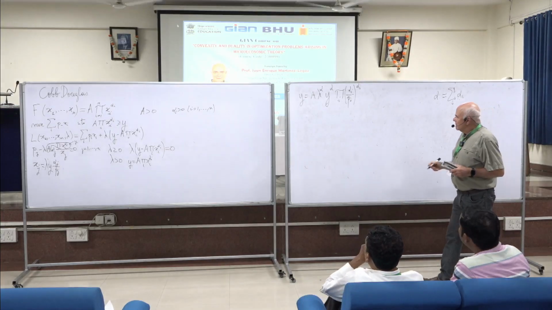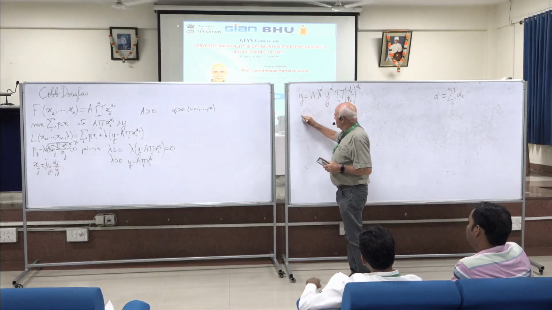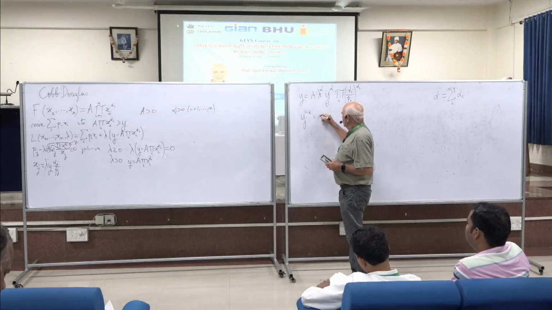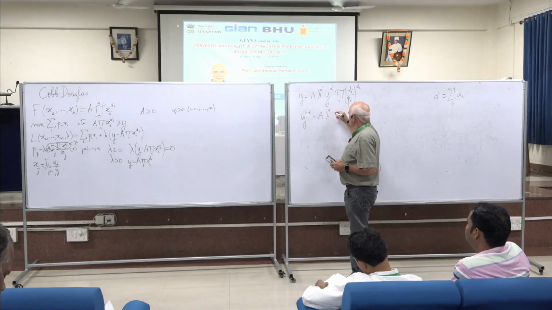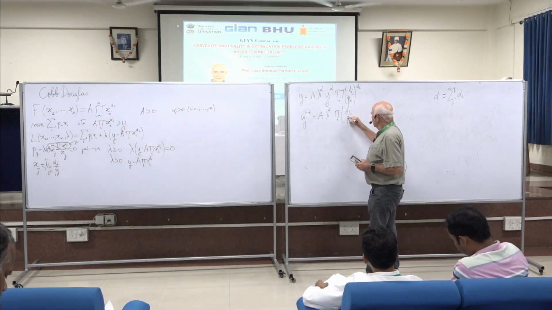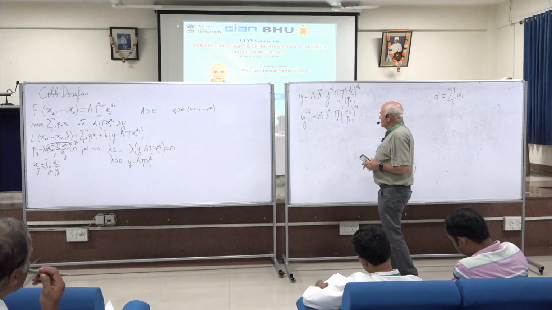Then moving y to the power alpha to the right hand side, I get 1 over y to the power 1 minus alpha. Okay.